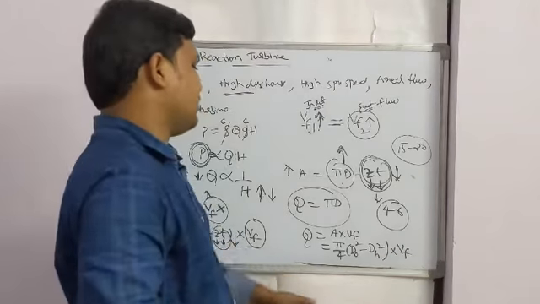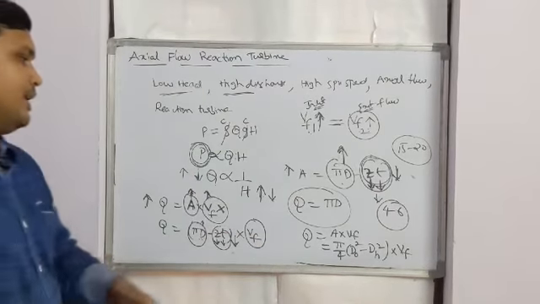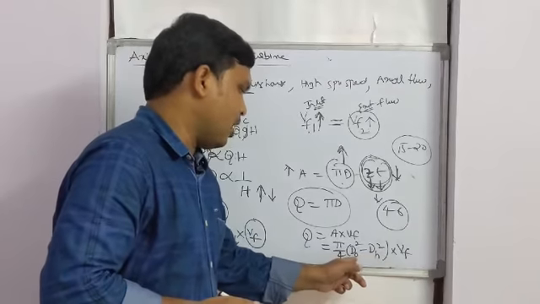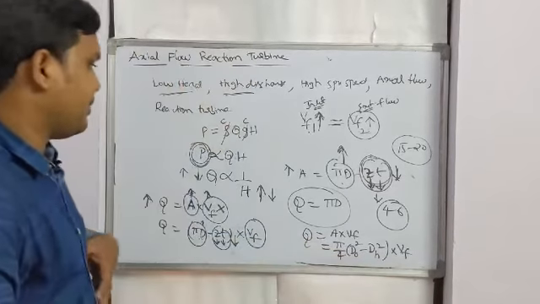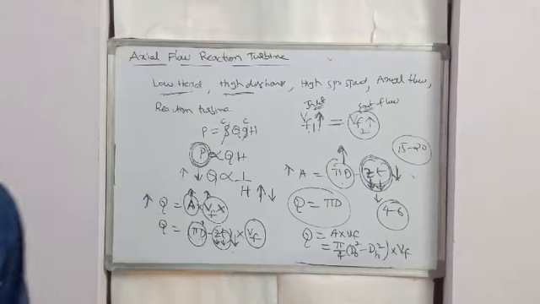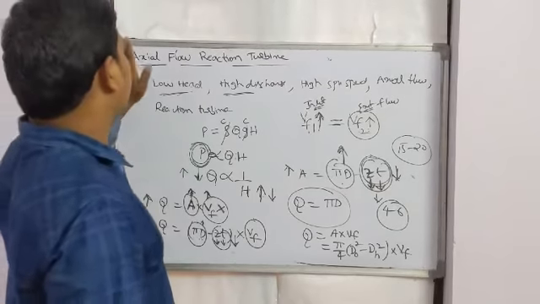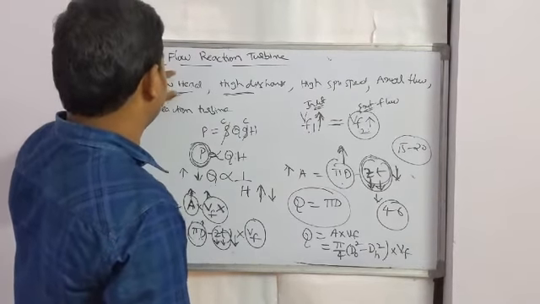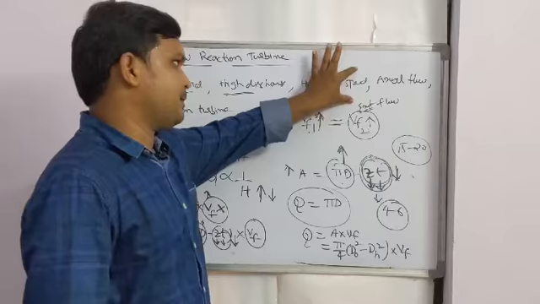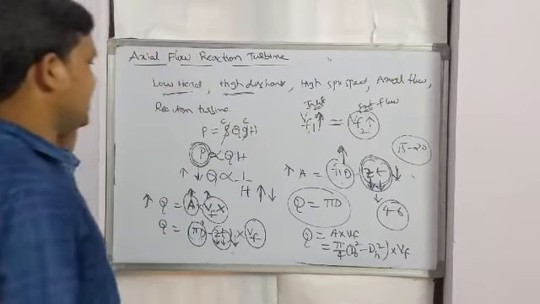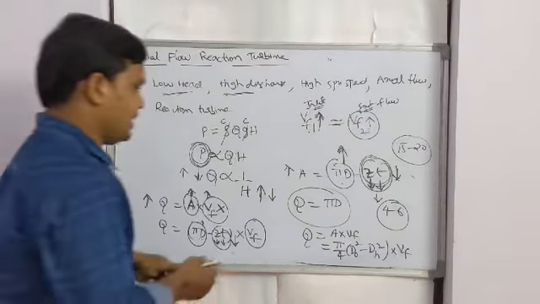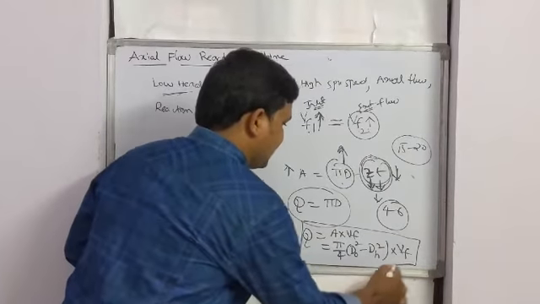Here do is the outer diameter, that is the tip diameter of the blade, and dh is the hub diameter. These are some important working proportions of the Kaplan turbine. Overall, the axial flow reaction or Kaplan turbine is a low head, high discharge, high specific speed axial flow reaction turbine. This is the discharge formula for a Kaplan turbine.